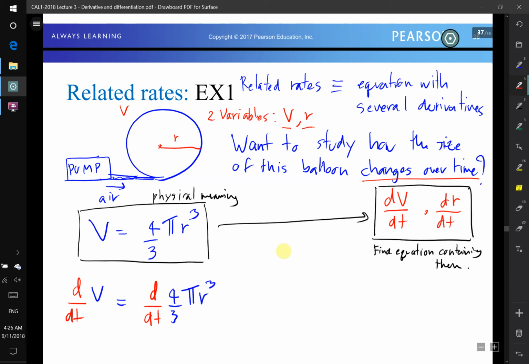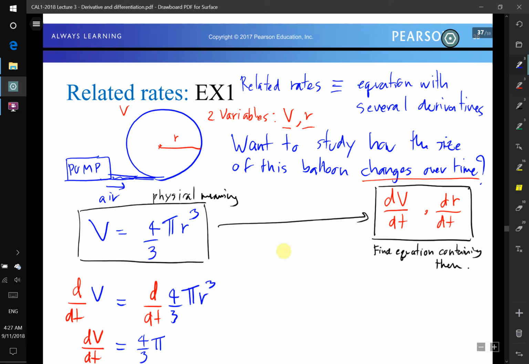Here I take the derivative of V with respect to time, and in the end I get the rate of V with respect to time equal to, here I have some constants. Constants don't matter in this case, so they come to the front. So I have 4/3 in the front and pi in the front as well. Then the differentiation goes directly to r cubed.